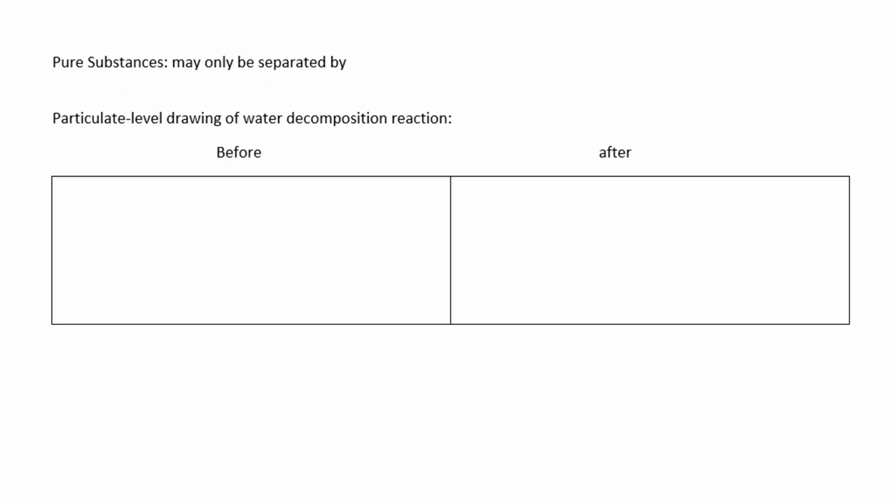Okay, a pure substance, on the other hand, can only be separated by a chemical reaction. So, for example, if I had a sample of water, some water molecules, a lot of times we'll show the oxygen as actually quite a bit larger than the hydrogen.